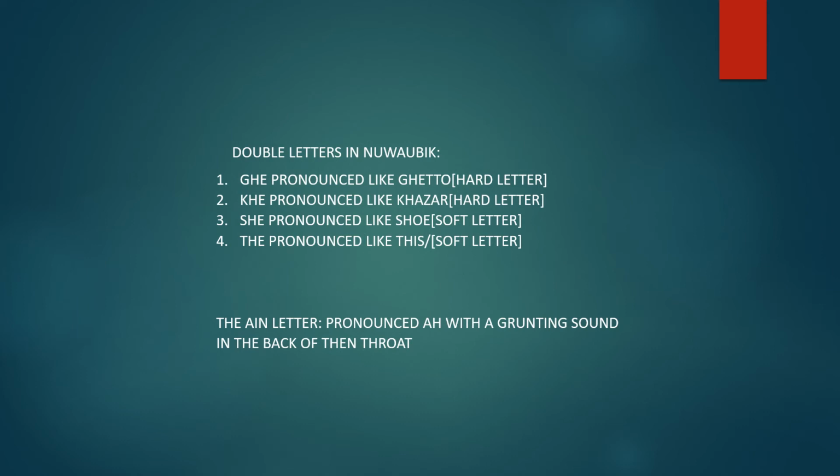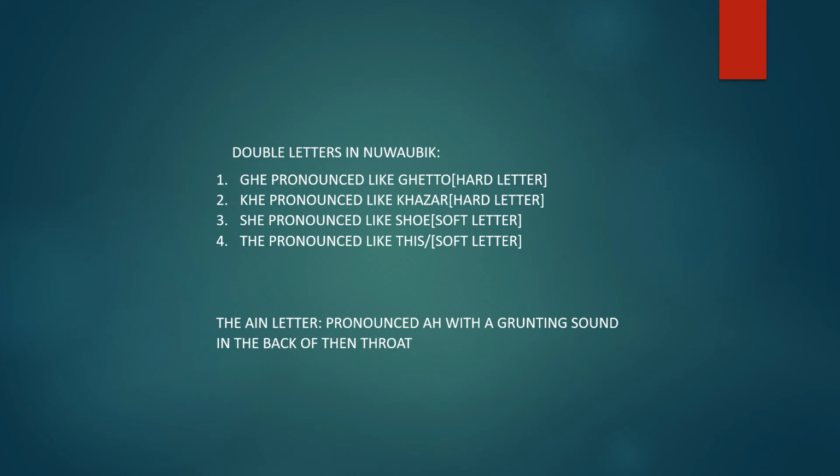So the first double letter we have is re, and it's like a gargling sound. Re, re. And it's like from the back of the throat to the root of the mouth. It's pronounced like ghetto, even though the ge in ghetto is the same as the re in the actual letter, you don't have the gargling sound in ghetto.